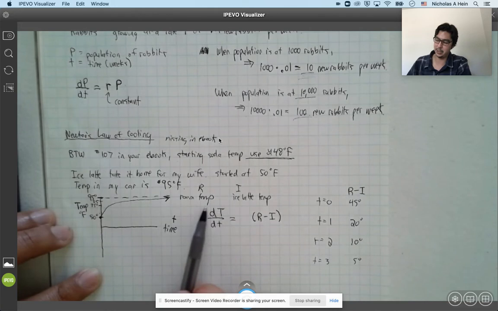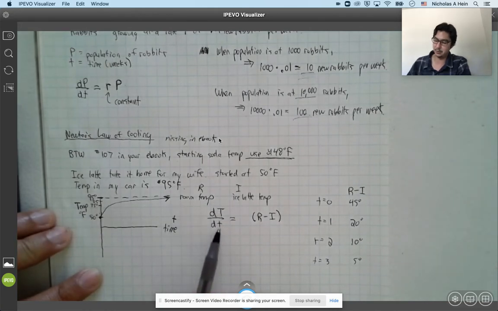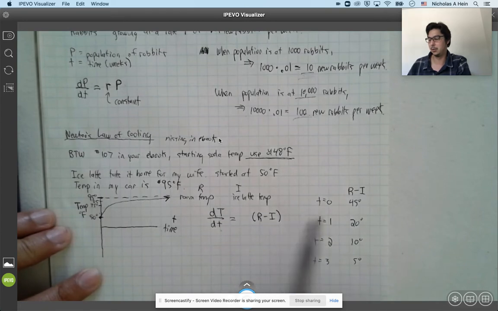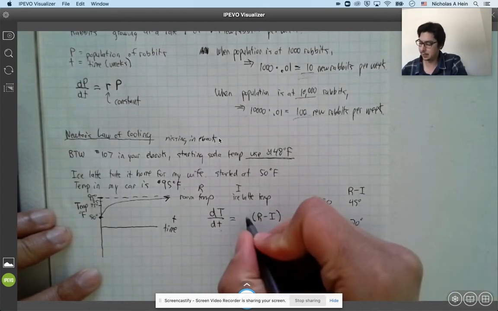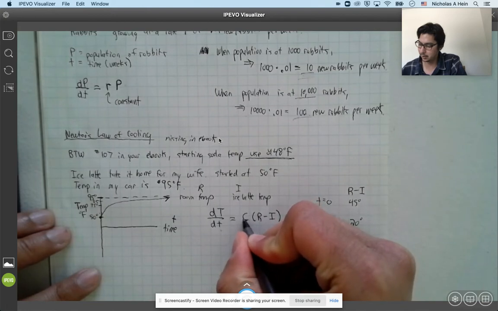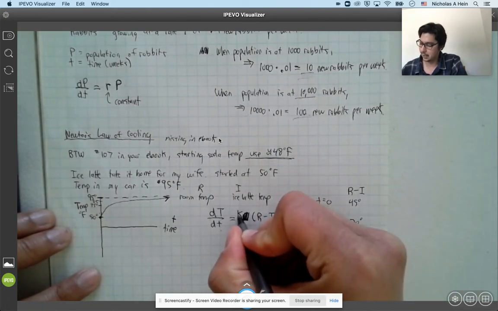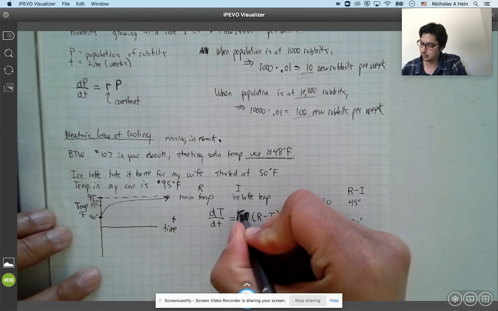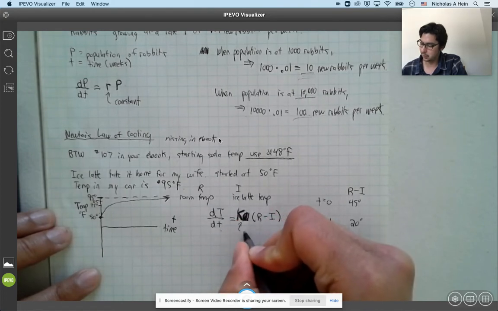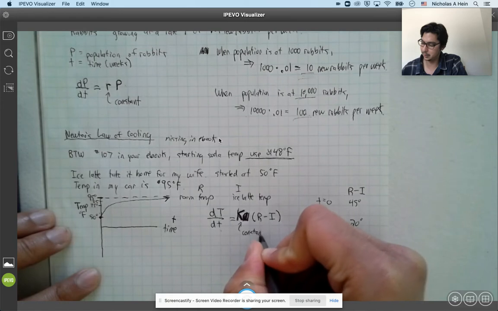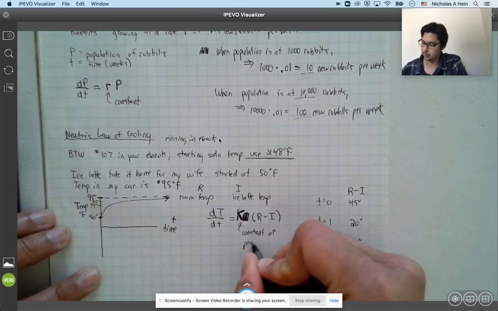So the idea is that the rate at which the temperature is changing according to time at any given moment is related to the temperature difference between these. Now, how is it related? It's going to be related by some constant. Now, I believe I'm going to use the same constant they have, which is k. This is your constant of proportionality and how those two are related.